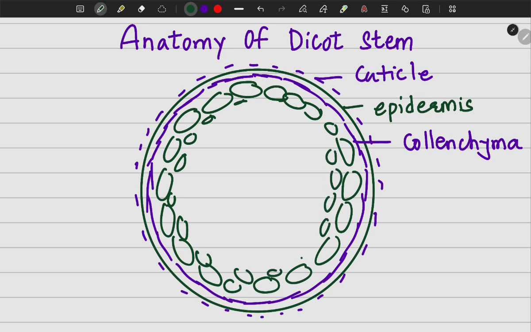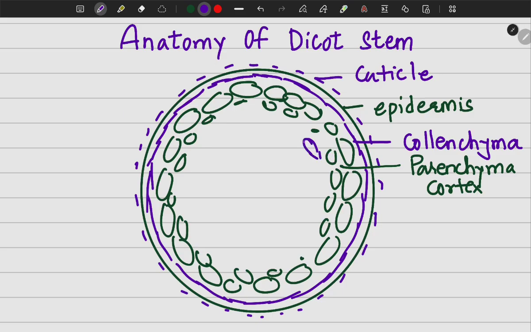So the cortex is parenchymatous, then below the cortex we will get the innermost layer, the endodermis. I'm sorry, not bundle sheath, the endodermis, the innermost layer of the cortex.